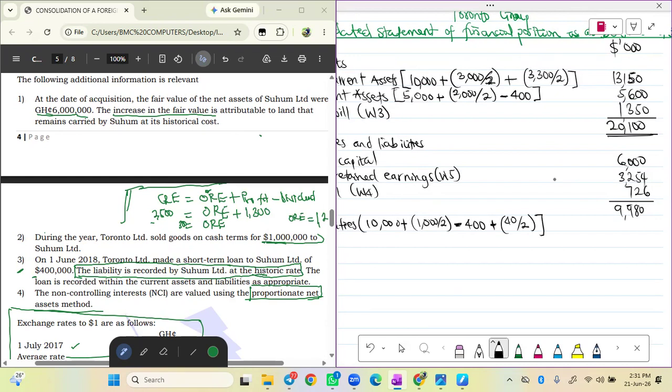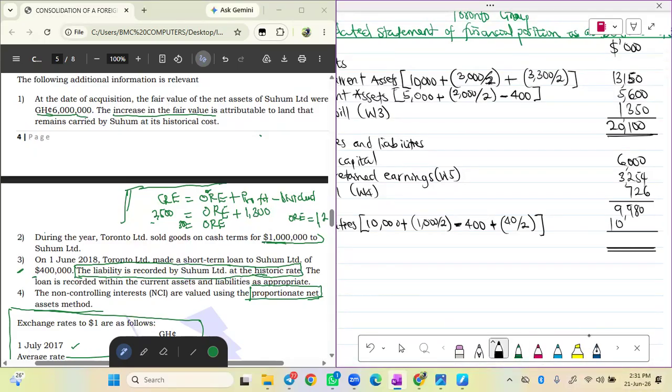We are doing SOFP. So we will retranslate using the closing rate, not the historical rate or the average rate. This one is SOFP. So what will be the total liability? $10,120.